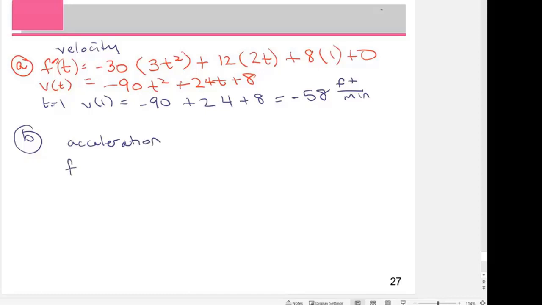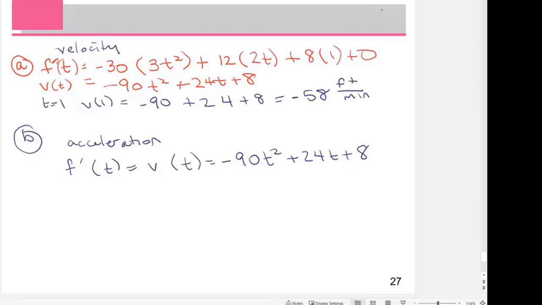I can either write it as f double prime of t, which means the second derivative, which is the same as the derivative of the velocity. Nope. The first derivative and the velocity is equal to negative 90t squared plus 24t plus 8.